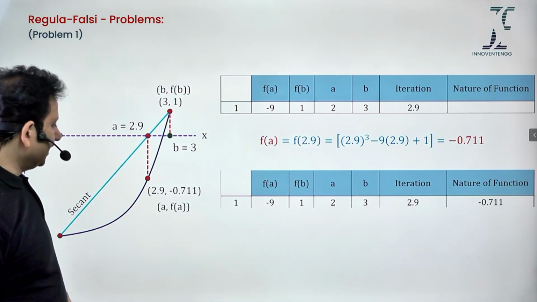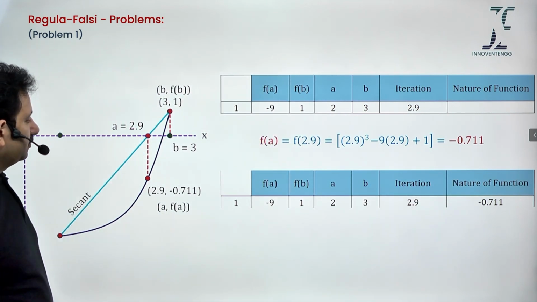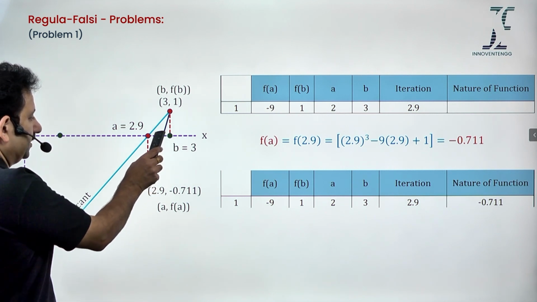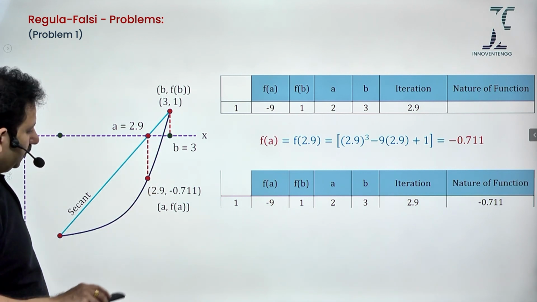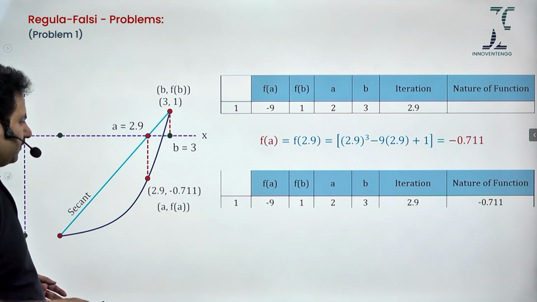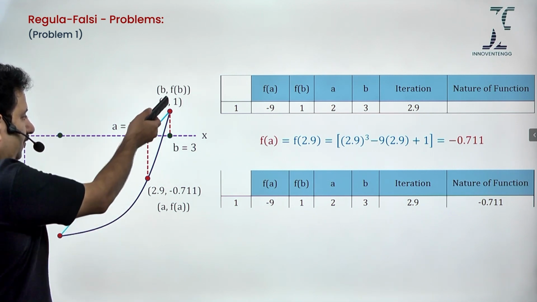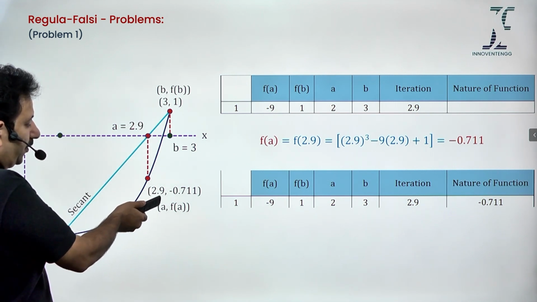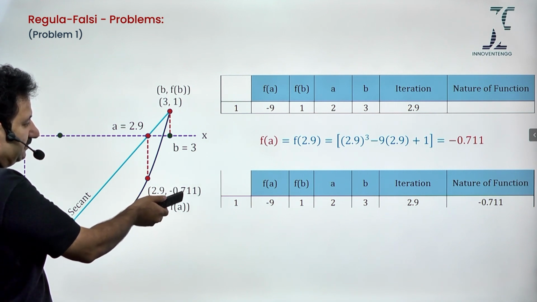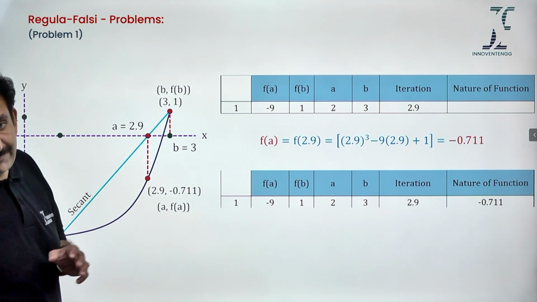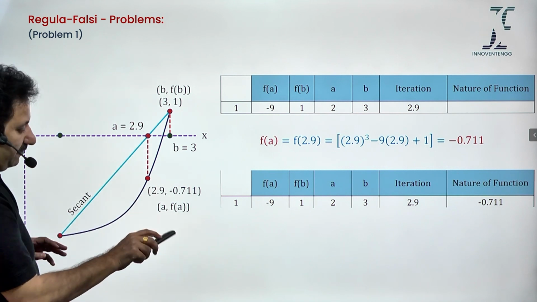So that clearly tells you that you are indeed moving towards this particular point. So what would be the next iteration? Now I'm going to draw one more straight line between 2.9 comma minus 0.711 and the fixed point 3.1. So that is going to be the fixed point.